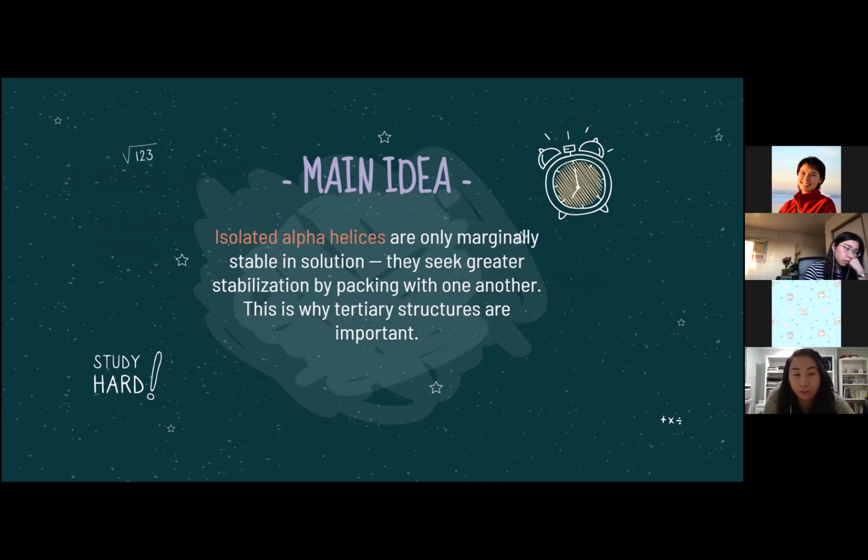Whether this peptide is making hydrogen bonds with water or with itself, there's no net gain in hydrogen bonds or stability, so it's not very stable on its own. Because of this, they often seek greater stabilization when there are more alpha helices and they can have more interactions with one another, and this is why tertiary structures are important.